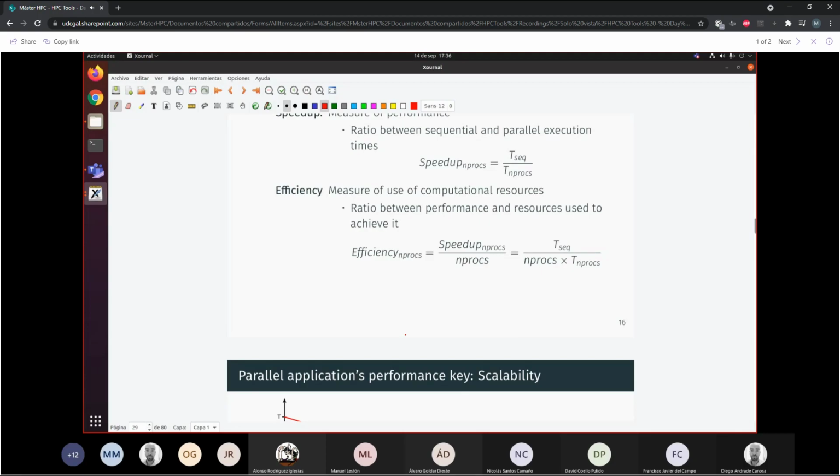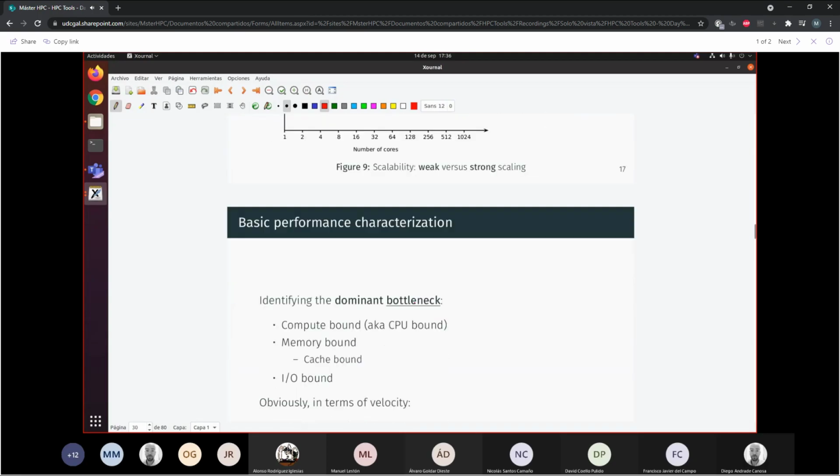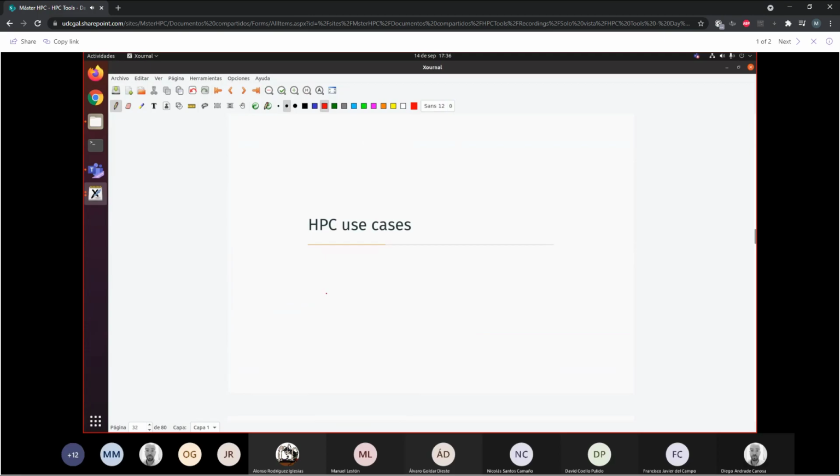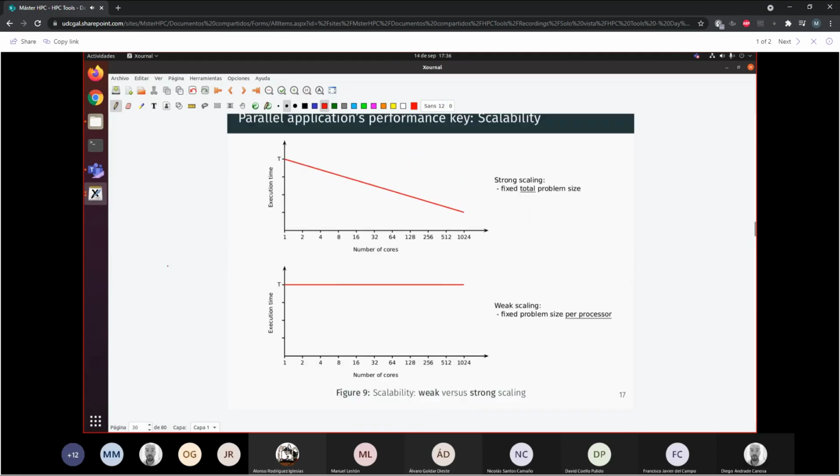So the last thing that I wanted to comment on this part is the idea of strong scaling and weak scaling. So in the example before, you have a program that you parallelize using OpenMP, and then you start to do the test of how good your parallelization is. So you would do this representation. So using 1 core, this is the time that I get.